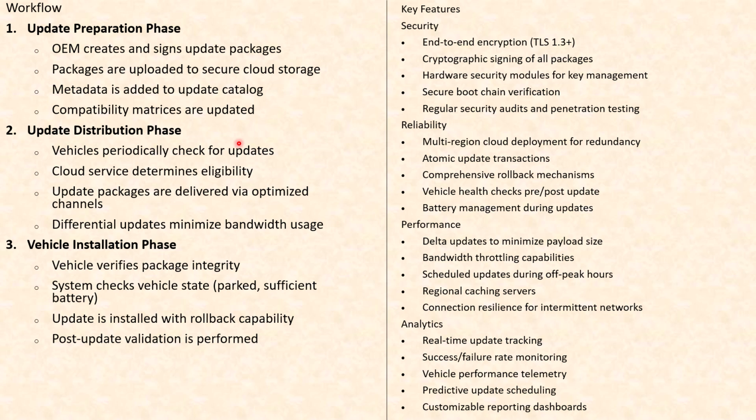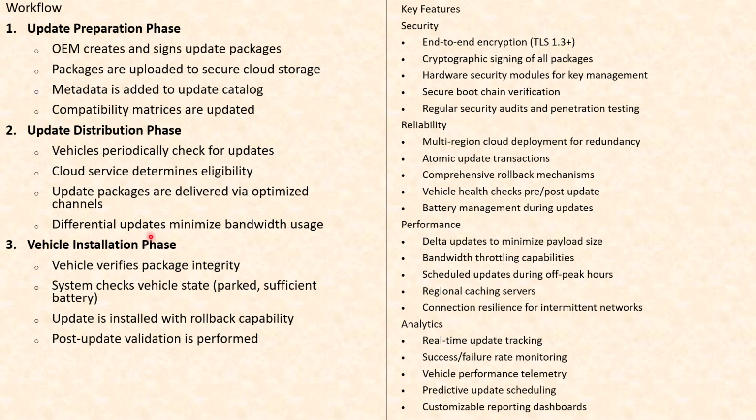Now, when it comes to the update distribution phase, the vehicles periodically check for updates. Next, the cloud service determines eligibility. So whether the vehicle is eligible for update or not, the cloud service is clearly checking. This update distribution phase ensures update packages are delivered via optimized channels.